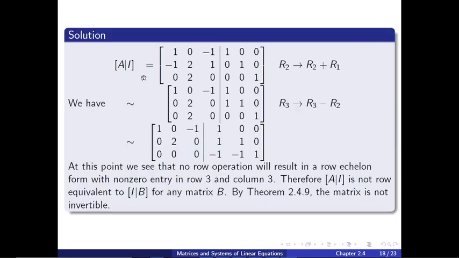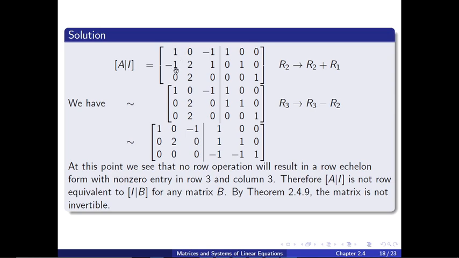How do we do that? Well, we start off with our [A|I], and that is equal to, we put our A there, and then the 3 by 3 identity matrix. Now the first step is to make sure that we have a 0 here. We want to reduce it to echelon form first, right? So here for us to get a 0, we want to say minus 1 plus 1, right?